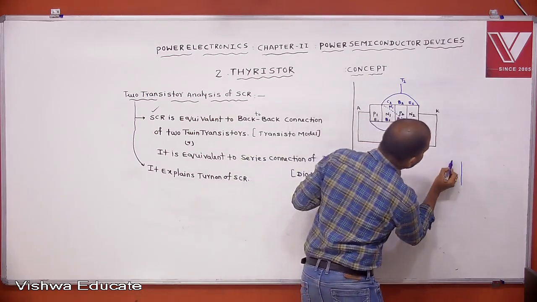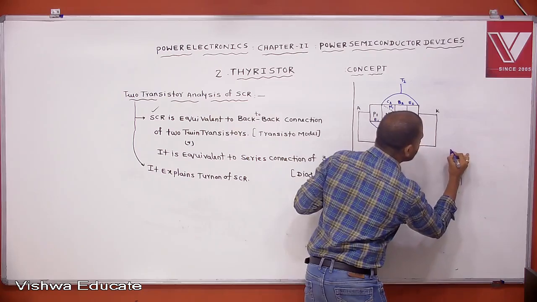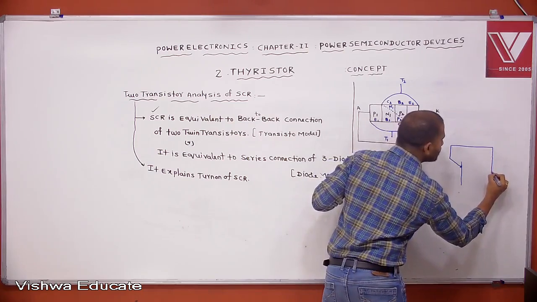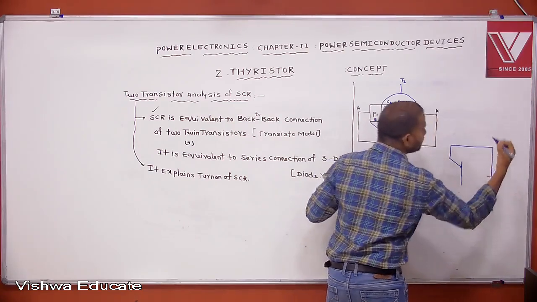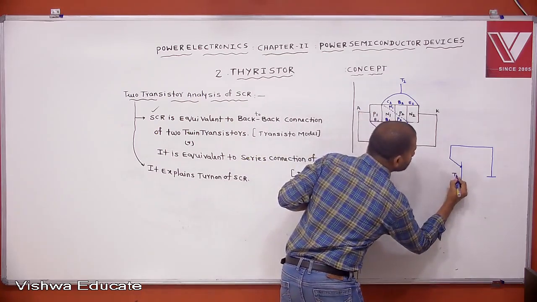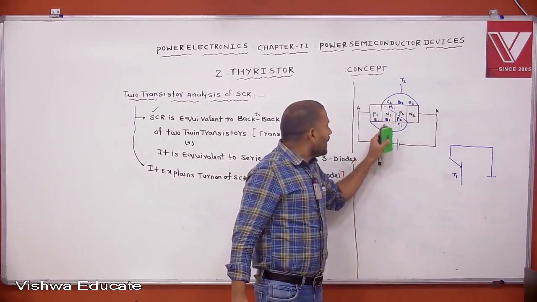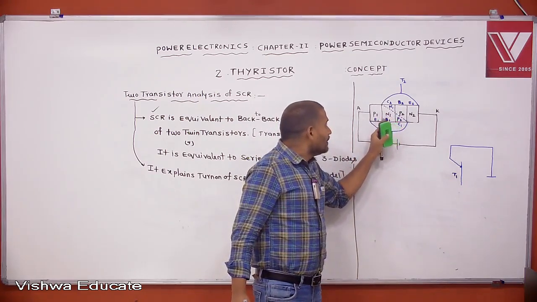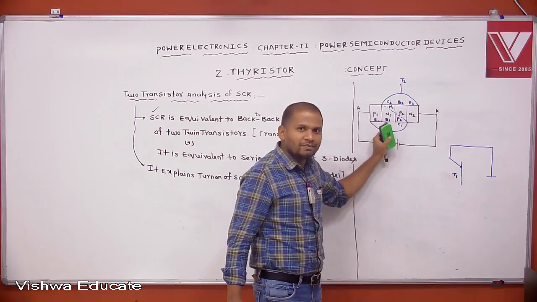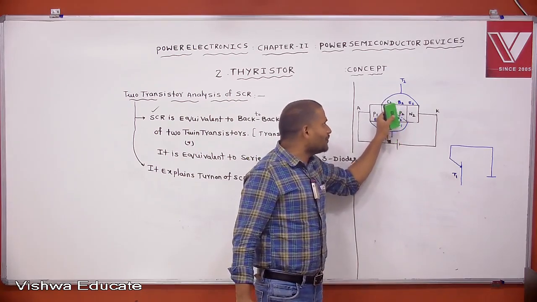Next, the base of T1 transistor is connected to the collector of T2 transistor.